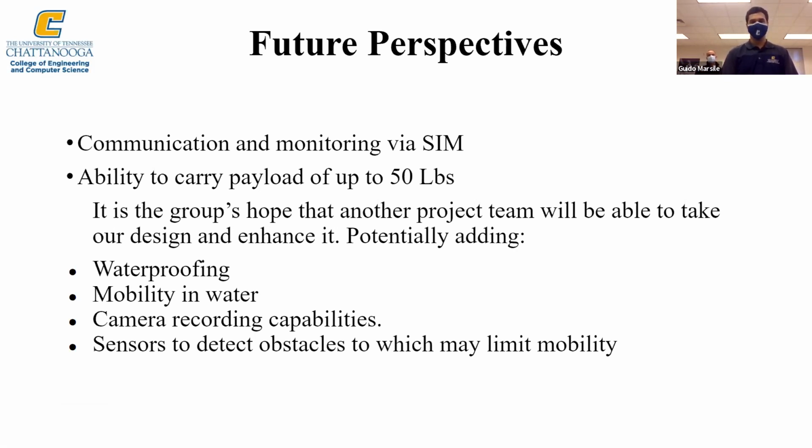Adding a camera would be great because it could work well with sensors and detect obstacles in its path, and the camera would help with viewing those things, or if anyone just wanted to monitor the robot in case it got stuck somewhere, they'd be able to find it. And then potentially adding GPS technology as well, so when you are controlling it from a distance, you can have a better idea of where exactly the robot is located.